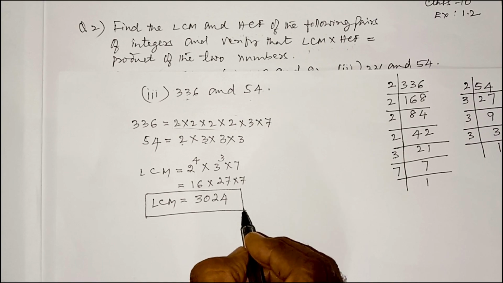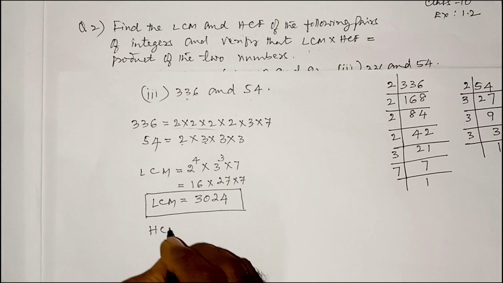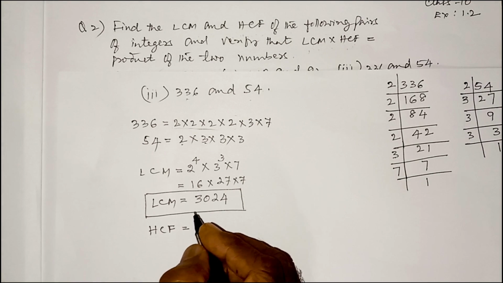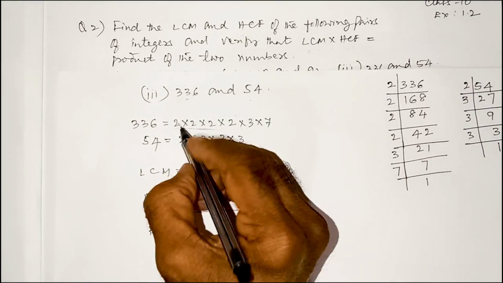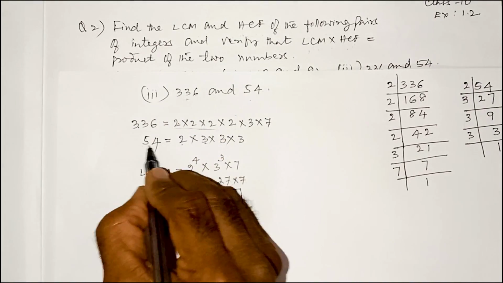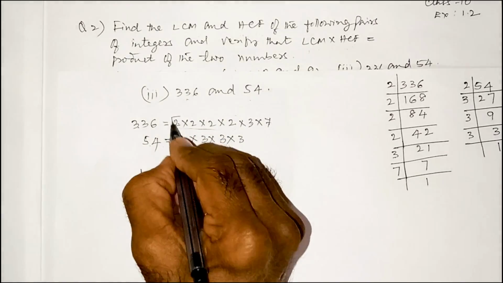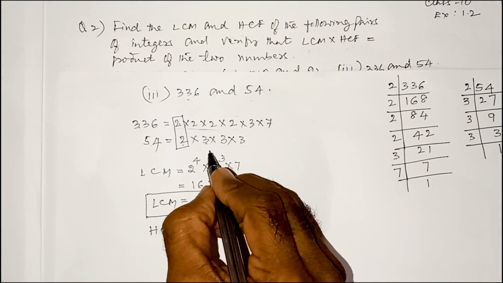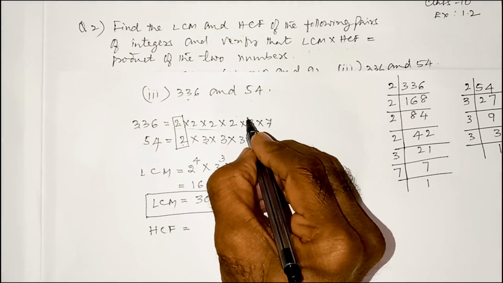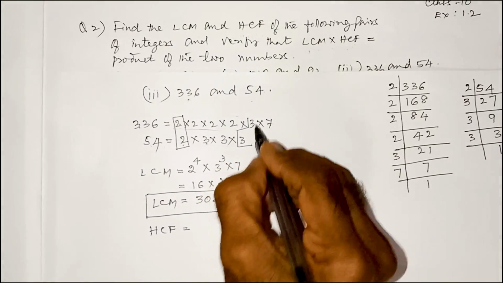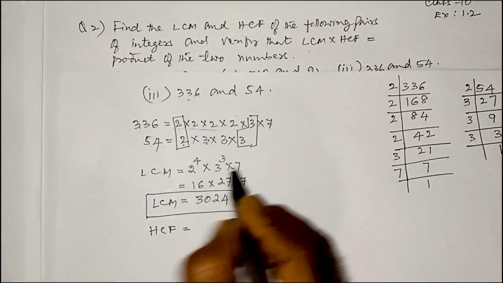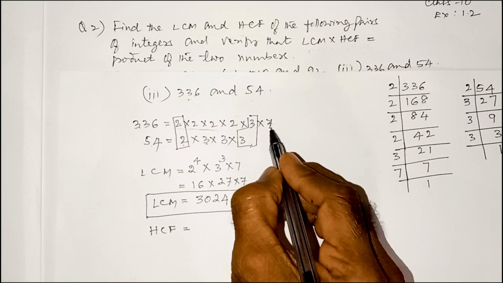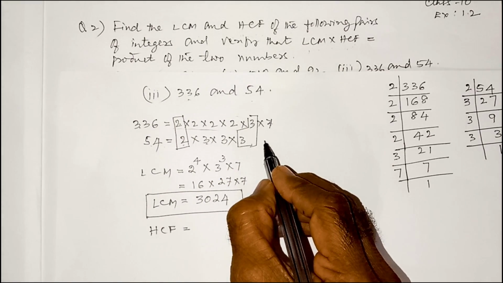Now we'll find out HCF. It is further easy because whatever is common factor, you need to take that. Here in 336 and in 54 we have only 2 as common and you have 3 as common. Now these three 2's and 7 do not appear in the second line.